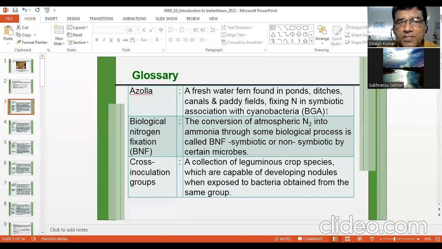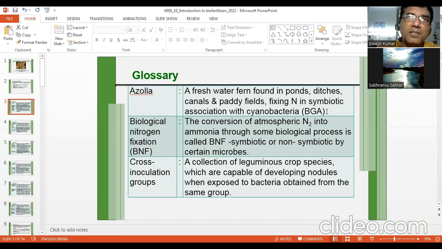It has got several species, and all the species are doing symbiosis with Anabaena azollae, that is your cyanobacteria. And azolla many times is undesirable also. In many places, it is being considered as a weed. It can be a weed.